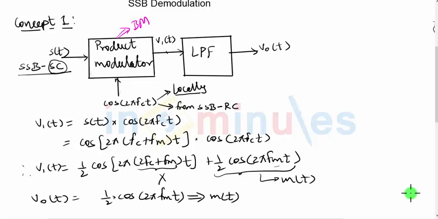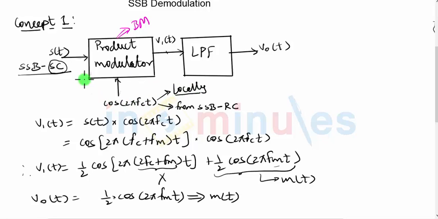So all we do in this concept is nothing but multiply the received SSB signal with the carrier signal. If the received signal is SSB suppressed carrier, then we have to generate the carrier locally, multiply the two signals and pass the signal through a low pass filter. This will give you modulating signal at the output side. If I want to have a perfect demodulation or less distorted output signal, then I should not use the carrier generated locally.